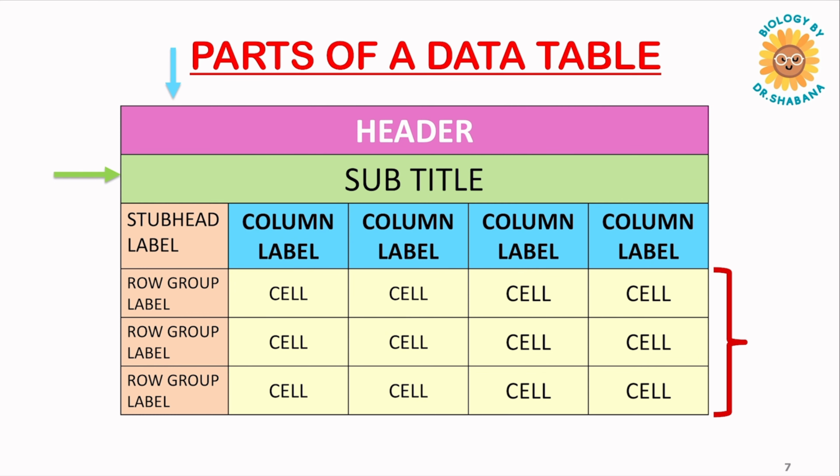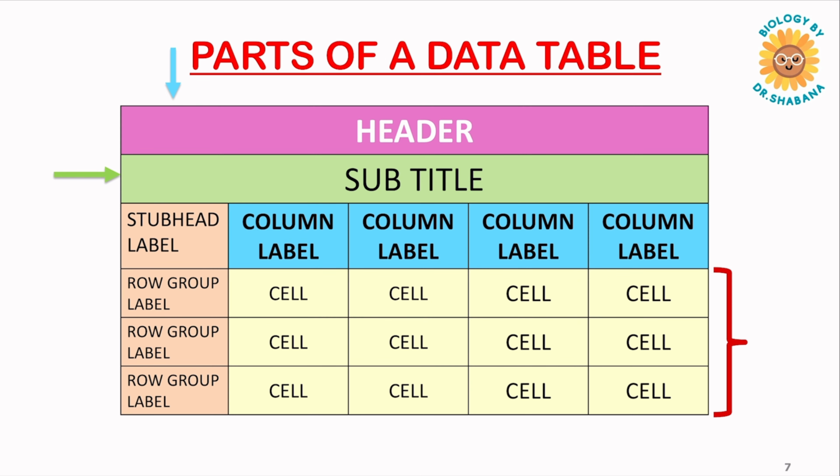Now what are the parts of a standard data table? For example, this is a box with different rows and columns. You all know that, right? Whenever you get a table like this in the exam, remember you have to draw this with a pencil and a scale. So don't draw a freehand diagram, make it as neat as you can.